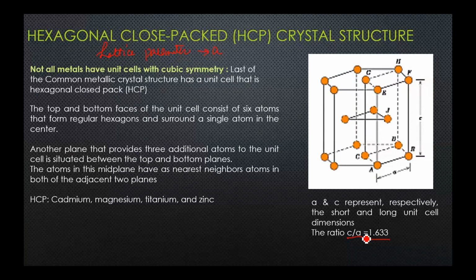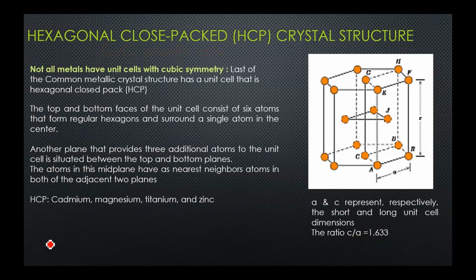Since the ratio is fixed, the only thing that would change would be the exact values of A and C. So if you are familiar with the A value for cadmium, you can find out the C value for cadmium itself. Similarly, if you are familiar with the A value for magnesium, you can find out the C value for magnesium. So in hexagonal crystal structures, you can draw the structure if you are familiar with the lattice parameter A. I hope this is clear to you.